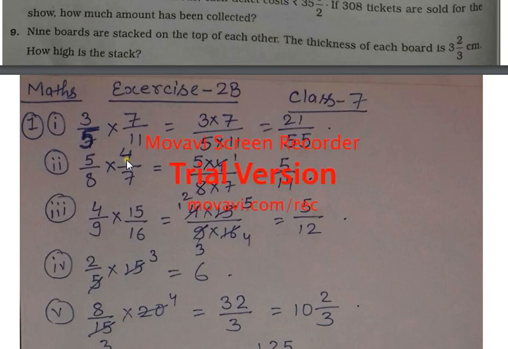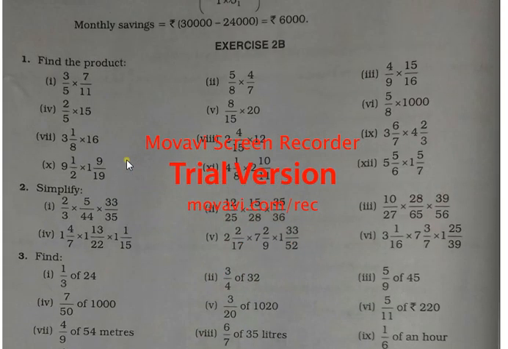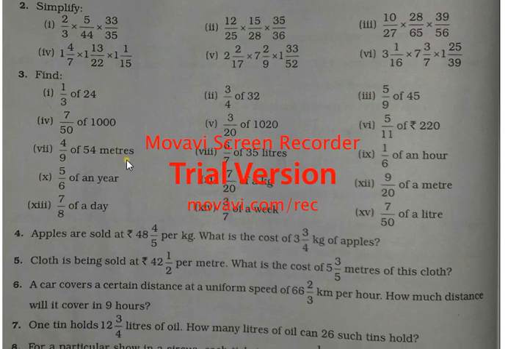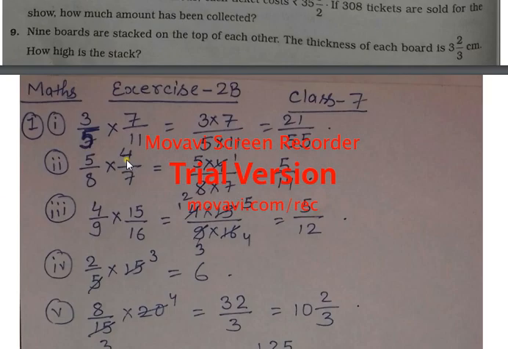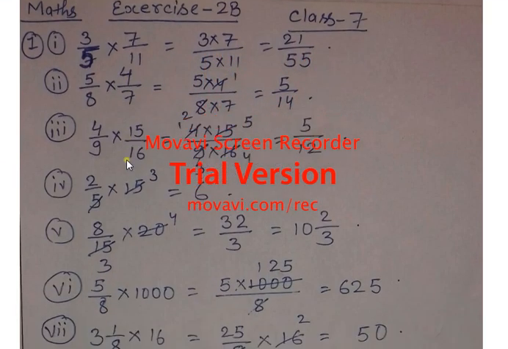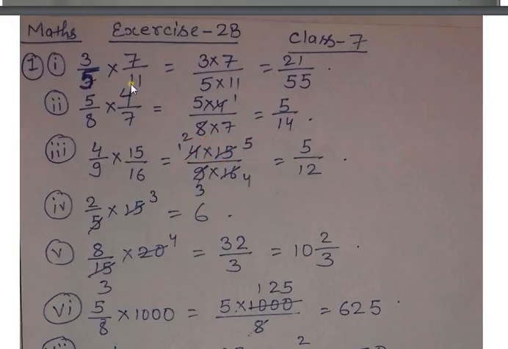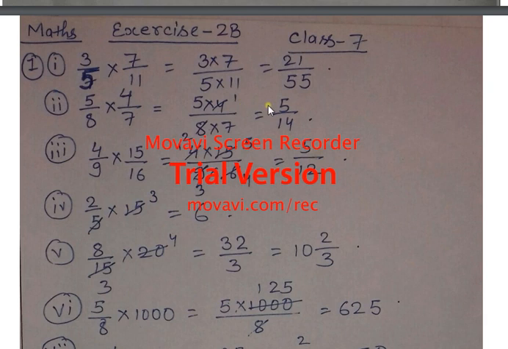Questions I had not written. Okay, directly I am writing the answer. Some questions might be there, so you can just refer to the book and watch over here. If there is no question, you can understand from the second step it has been written. If there is a question, then from the question it has been written. You can see 3 by 5 into 7 by 11. So 3 into 7 by 5 into 11, so it becomes 21 by 55.